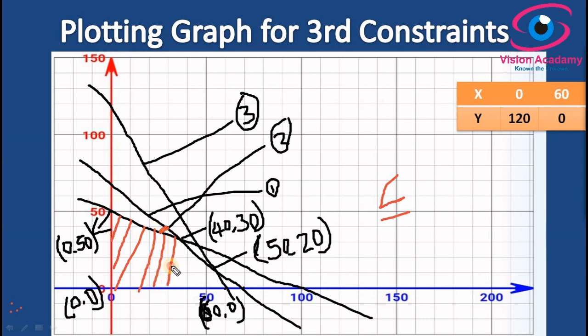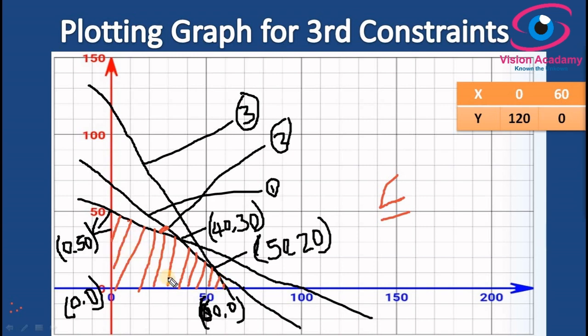So we shade the area which is below all three constraints. If you draw on this side, it will deviate from the other constraint inequality, because this constraint inequality is lesser than or equal to type. So consider this very carefully: no constraint should be deviated.